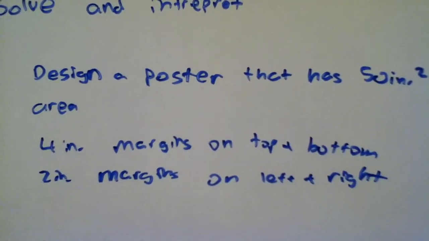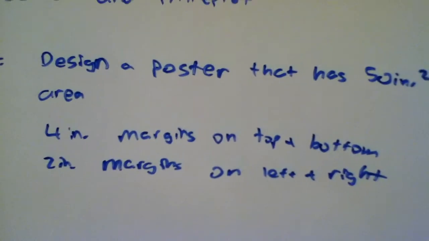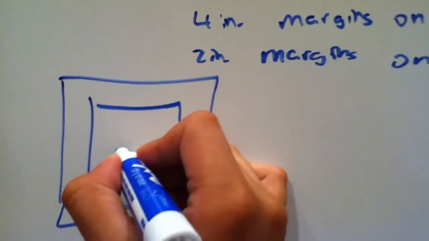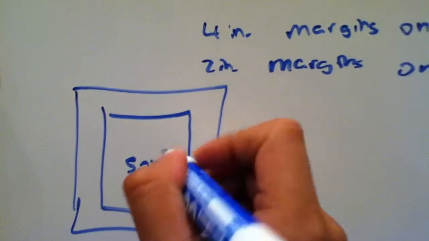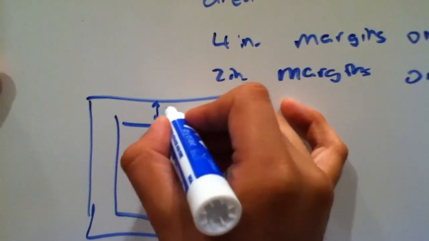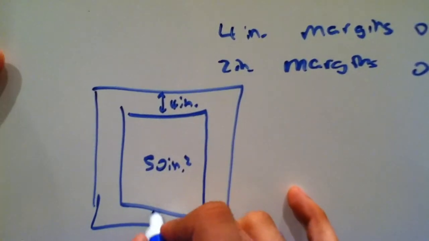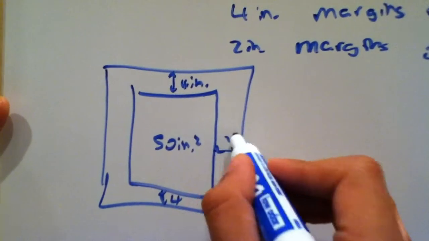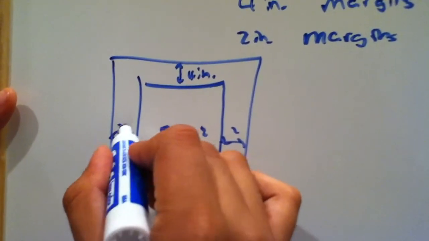So again, let's just draw a quick sketch of what this would look like. We have a rectangular poster here. You have an inside of print, and you have 50 inches squared of print. You have 4 inches top and bottom, again 4 of margin, and then 2 on each side, 2 inches of margin right here and right here.